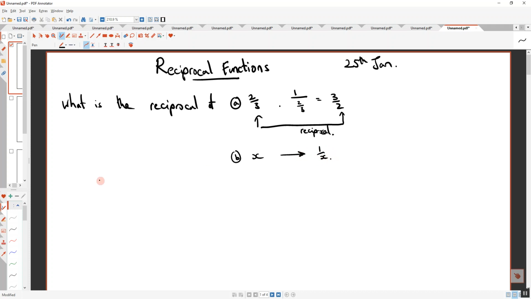And f of x equaling 1 over x is called the reciprocal function.